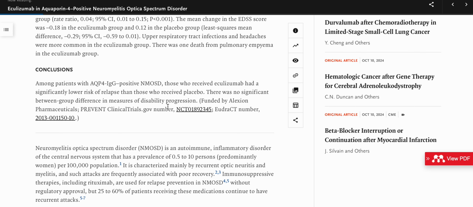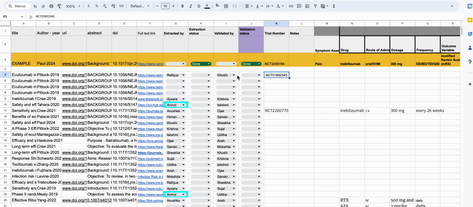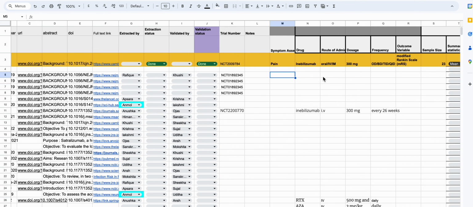Okay, so this most probably is their trial number. So I would just copy it and paste it over here so that we are able to deduplicate everything pretty easily. I would copy and paste it all over the place wherever it is applicable.